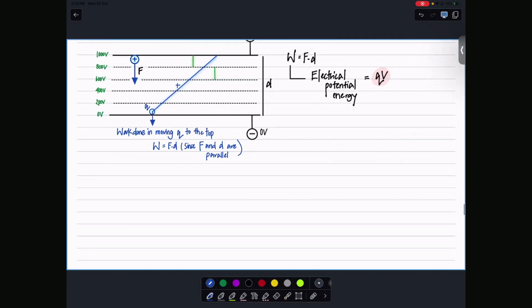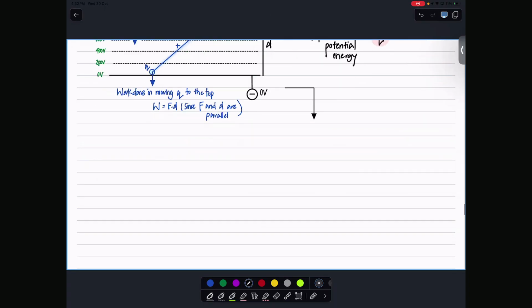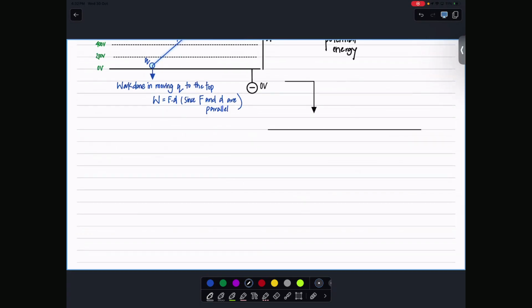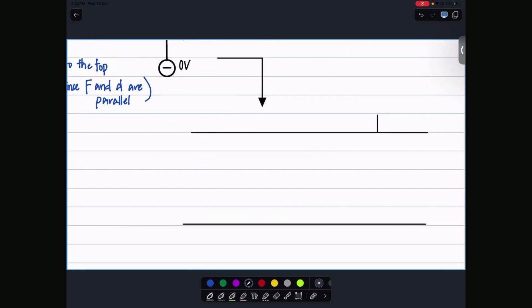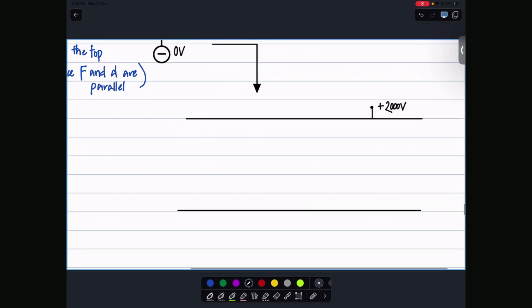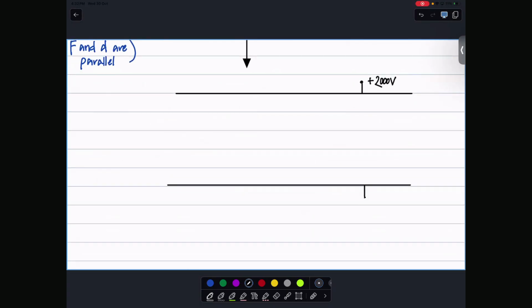Okay, so based on this example, you have these two parallel plates here. The one at the top is connected to plus 2000 volts, and the one at the bottom is connected to 0. The separation of the plates is 10 centimeters.